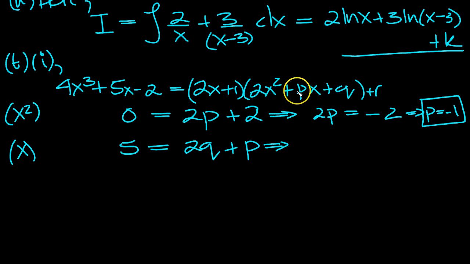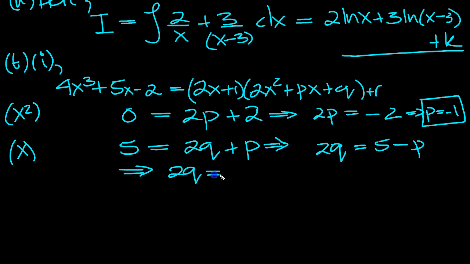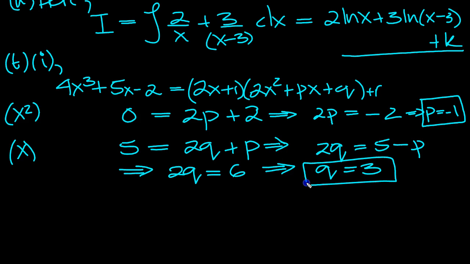So that tells us then that 2q is equal to 5 minus p, moving the p over. P is minus 1, so that's plus 1. 5 plus 1 is 6. Q is 6 over 2 is 3. There we go. Q is 3.